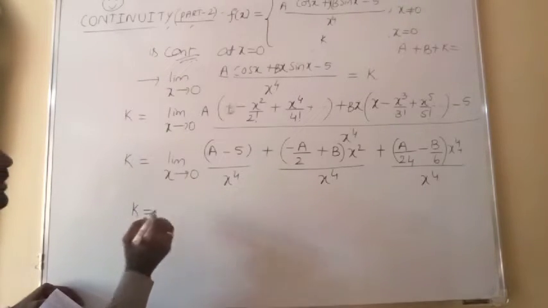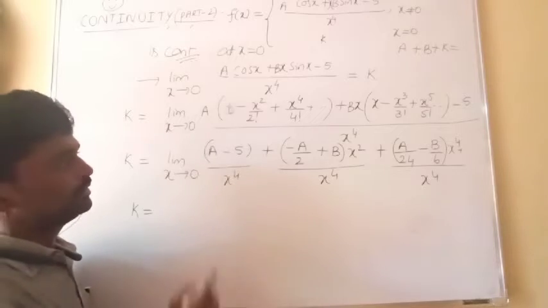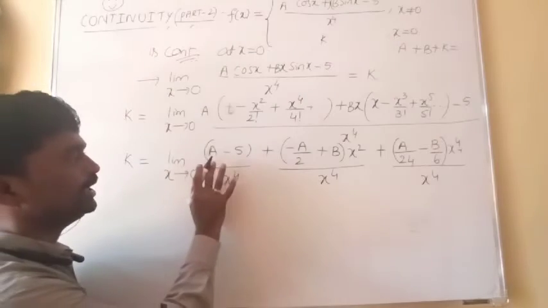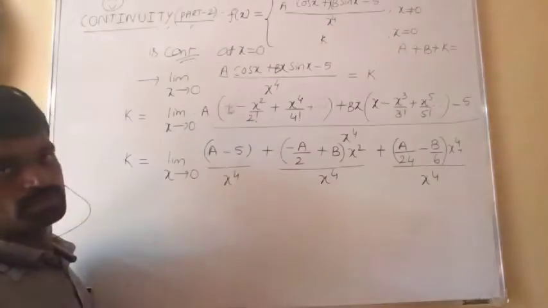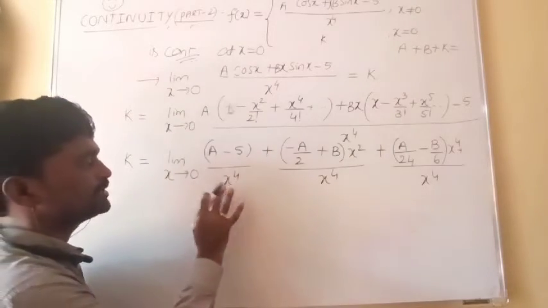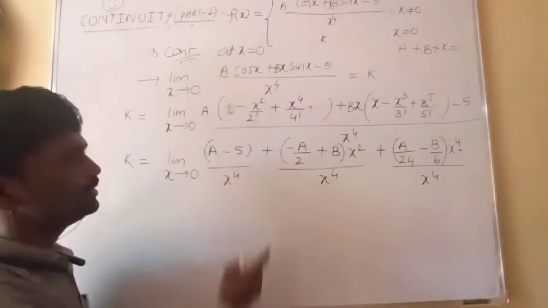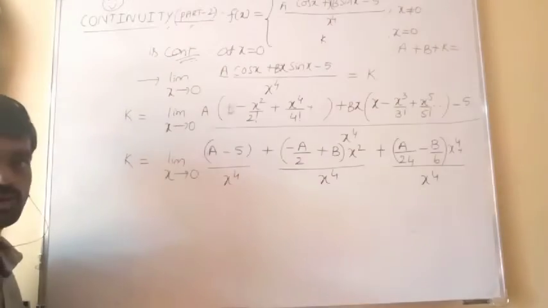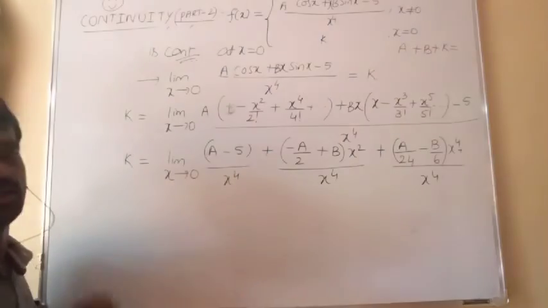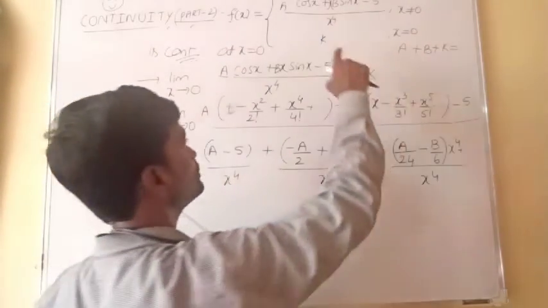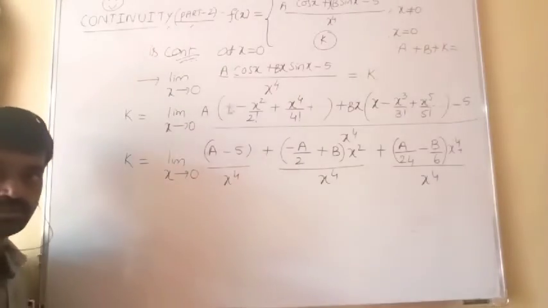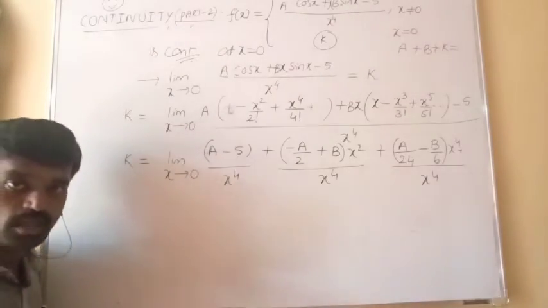Now if you apply the limit, suppose a minus 5 is not equal to 0, then something by 0, what you will get? Infinity. So the limit of this function will be infinity. But here it is given to be equal to k. So k must be finite, because f is continuous at 0, which means the limit of the function equals the value of the function, which should be a finite quantity only.